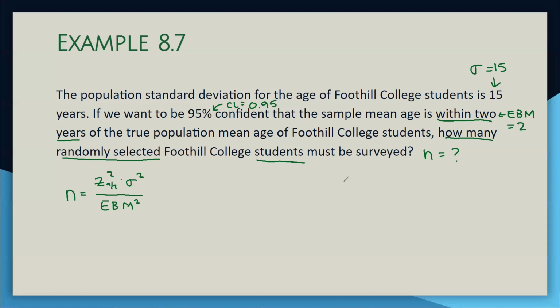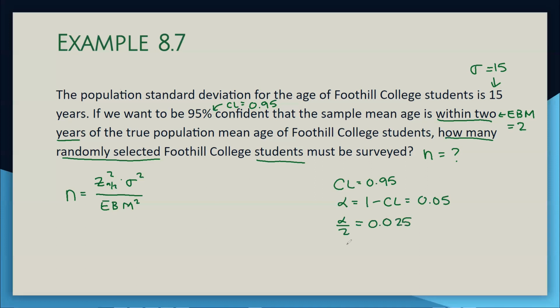So off to the side here, I know that if my confidence level is 0.95, that my alpha is going to be 1 minus that, which is 0.05. And then I know alpha over 2 is going to be half of 0.05, which is 0.025.